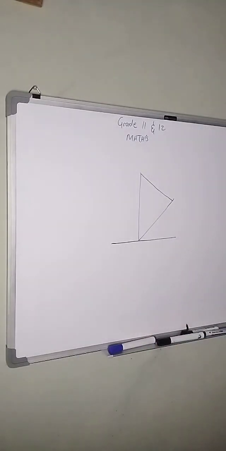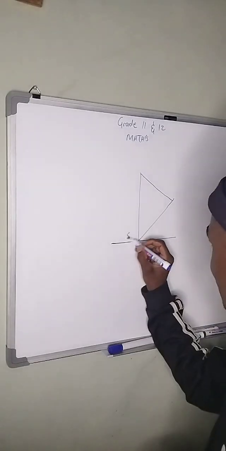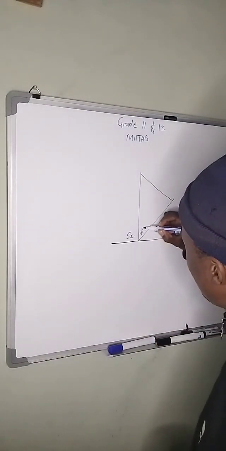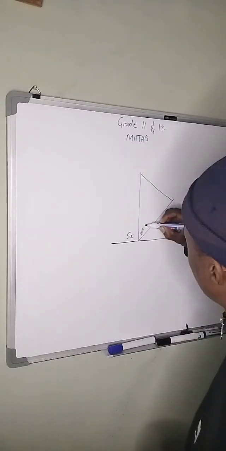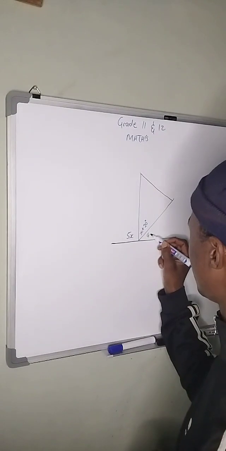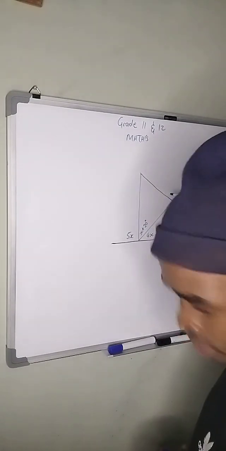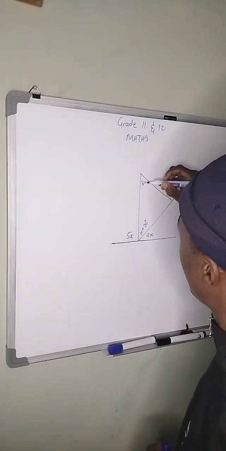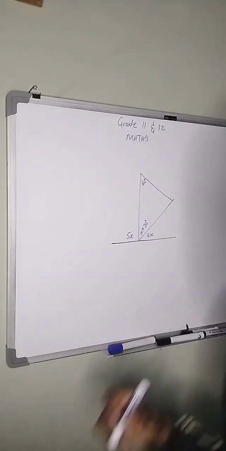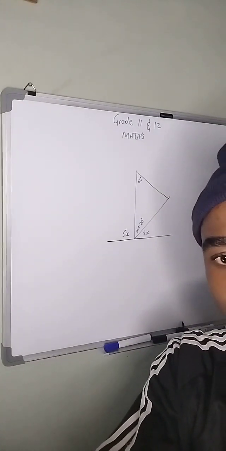And I believe it's so simple. No circle is drawn there. And I'm going to have 5x, x plus 20, and 4x. And I'm going to have 64 degrees.